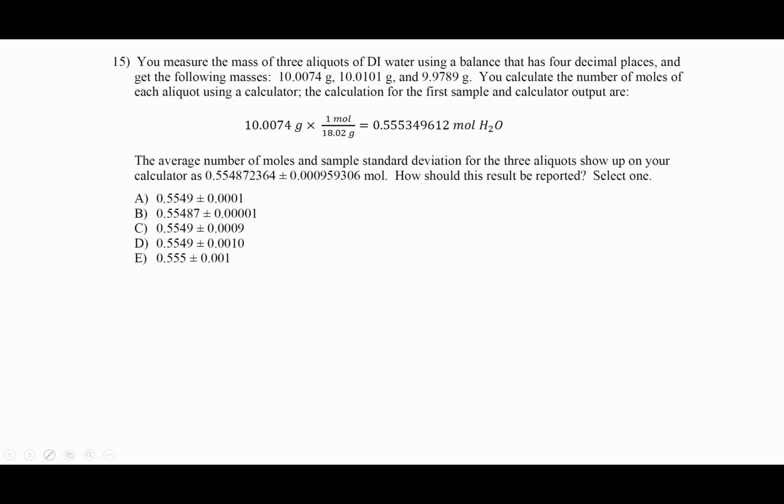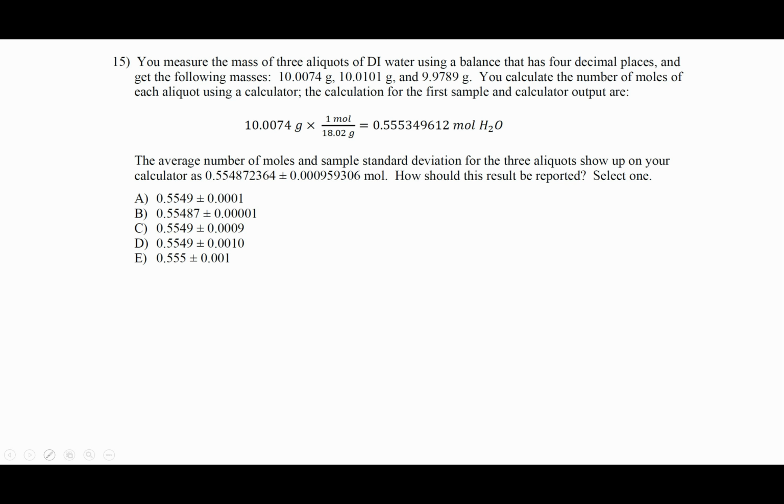You measure 3 aliquots of DI water using a balance, and it has 4 decimal places, and you get the following masses. You calculate the number of moles of each aliquot using a calculator. The calculation for your first sample, calculator output, is this.